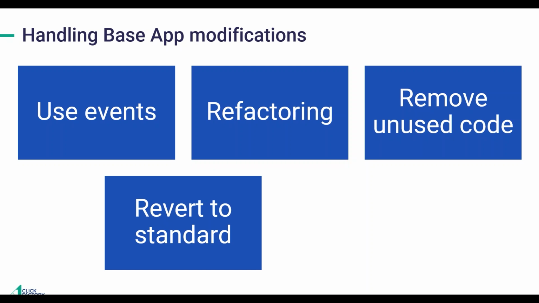If you have conditional statements where you are executing the standard business logic according to your custom functionality, you will have to revert it to standard, and you will have to actually refactor your code. There is no other way.